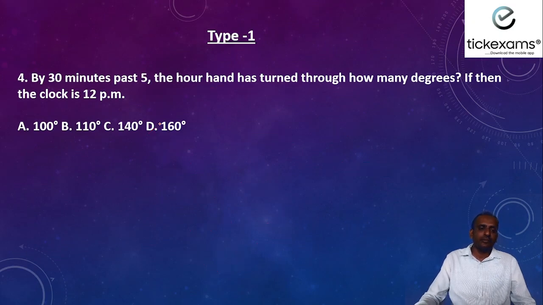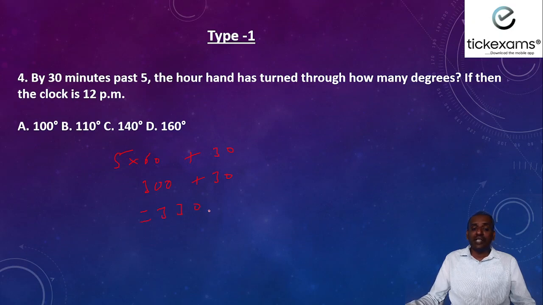By 30 minutes past 5, the hour hand has turned through how many degrees, if the clock was at 12 p.m.? So 30 minutes past 5: 5 into 60, because I am converting the 5 hours to minutes, plus 30. So this is 300 plus 30, which will be 330.